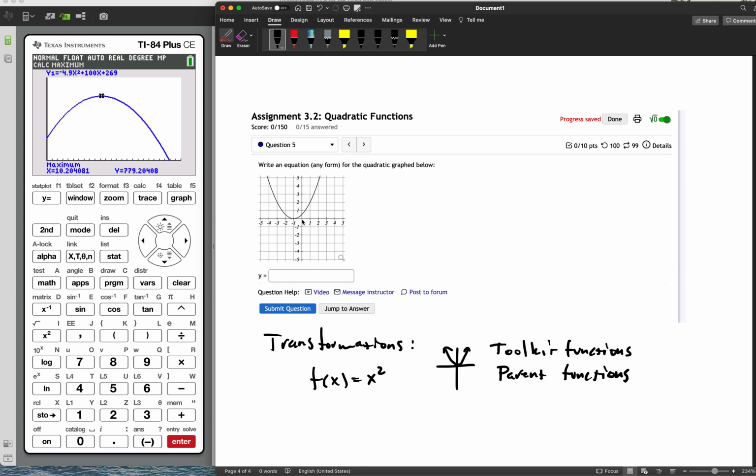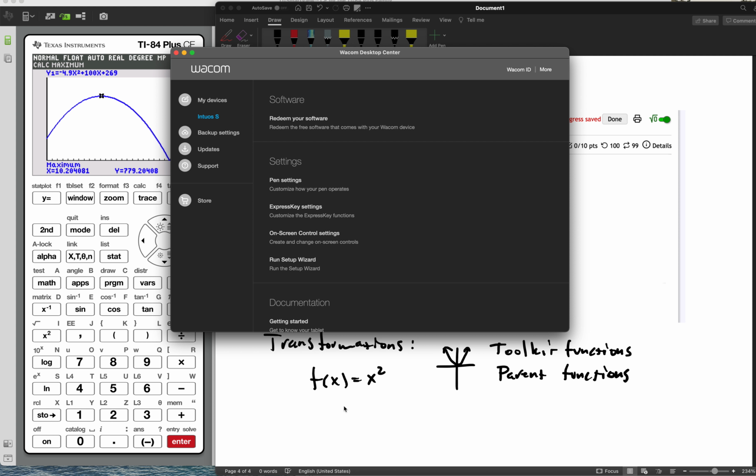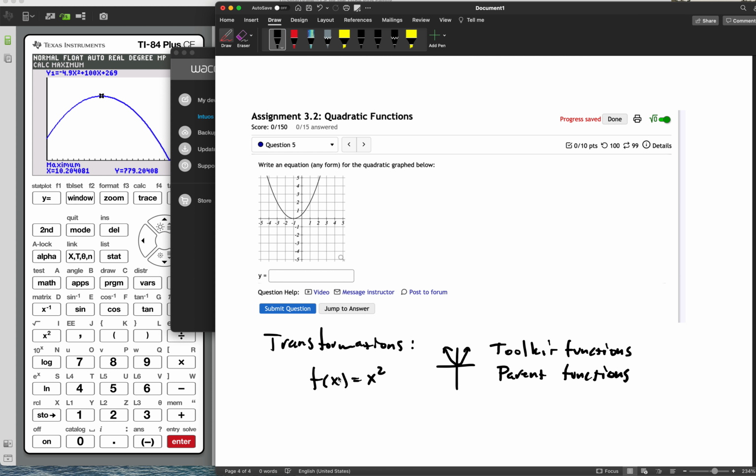This function represents the quadratic function shifted left 1 unit. So how do I do that? I'm going to shift this left 1 unit by computing f of x plus 1, which is x plus 1 quantity squared. That's it. That's the equation of this parabola.